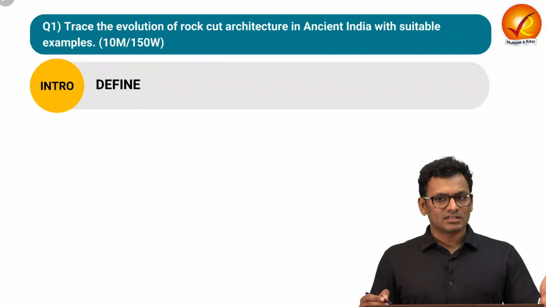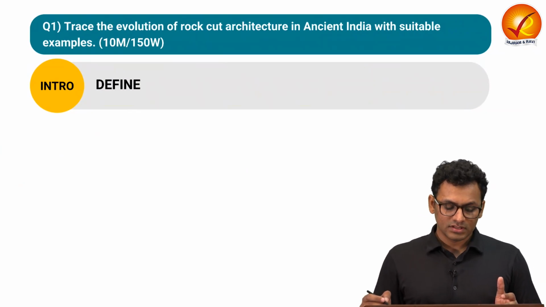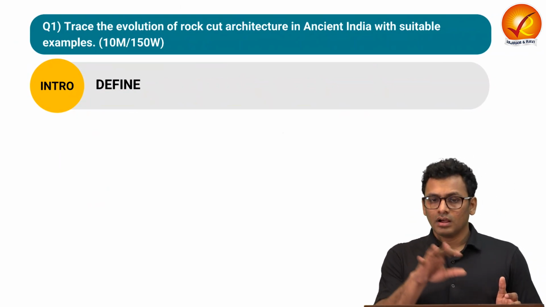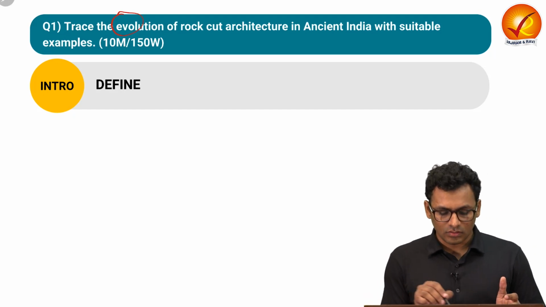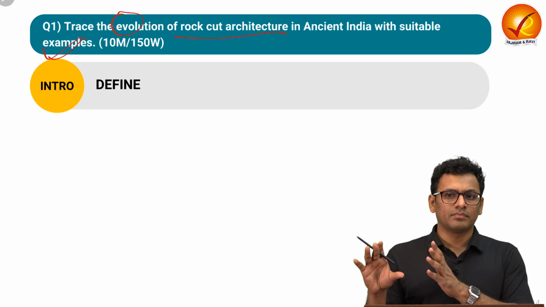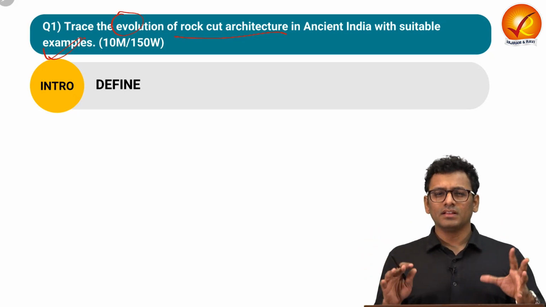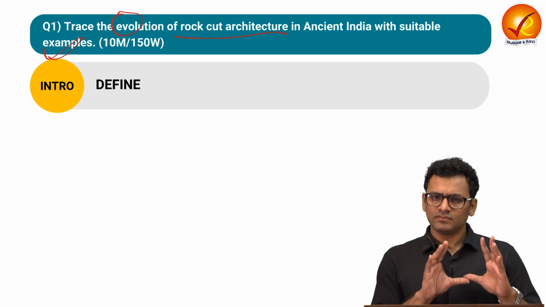In the first question, let's read the question. Trace the evolution of rock cut architecture in ancient India with suitable examples. Now, if you break the question, you will understand the basic demand is the evolution of rock cut architecture. And we have to substantiate the entire evolution with lots of examples to give proper justification for the demand.